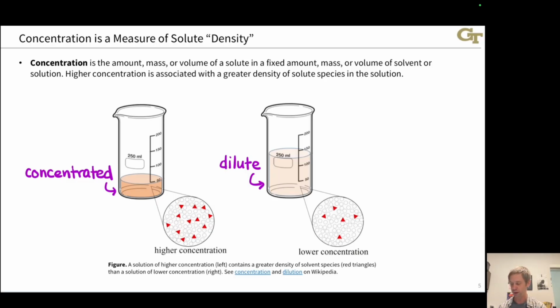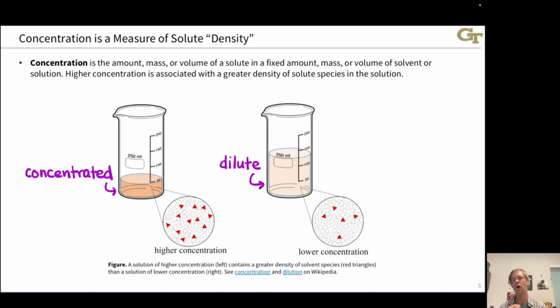If we zoom in on that same volume, we see only 1, 2, 3, 4, 5 solute particles on the right, where in that same volume we saw more than twice as many solute particles in the concentrated solution on the left. So conceptually, higher concentration is associated with a greater density of solute species in the solution.